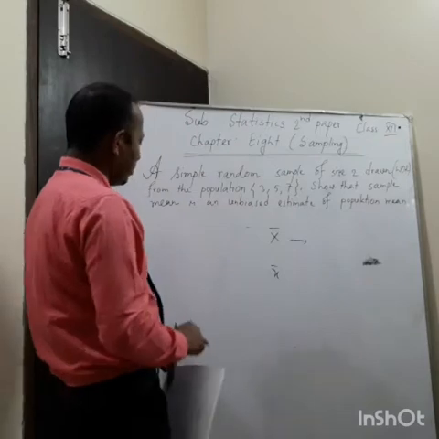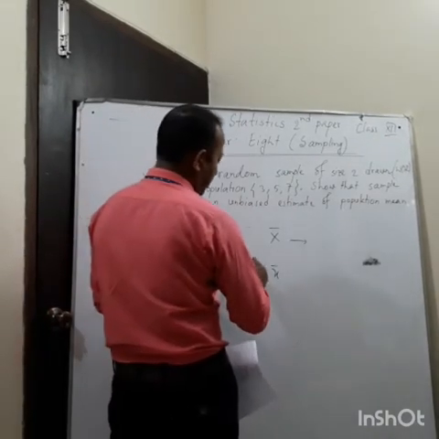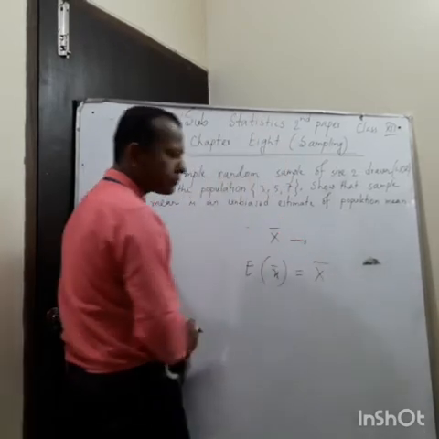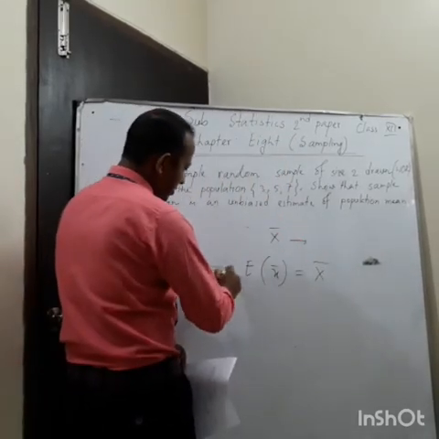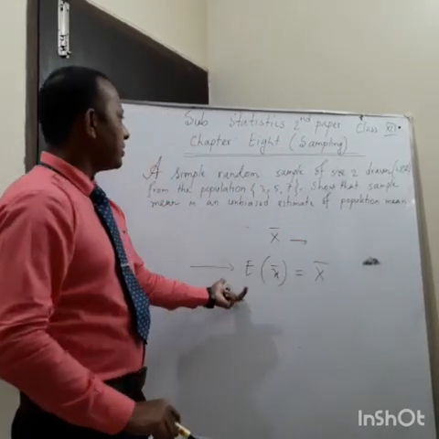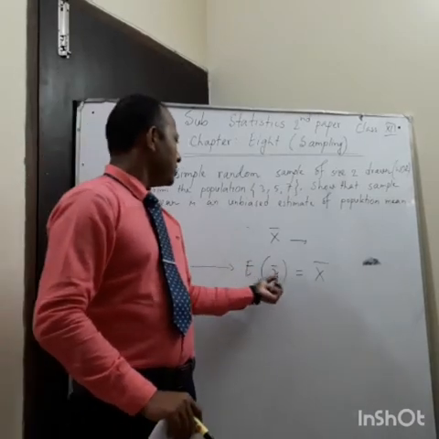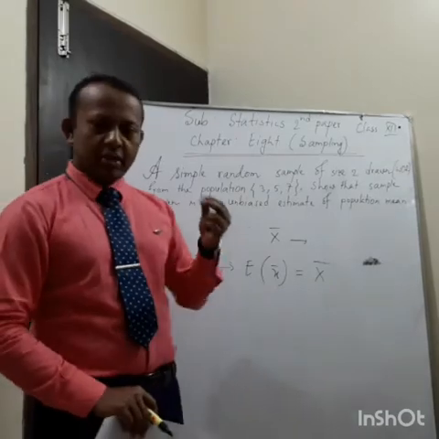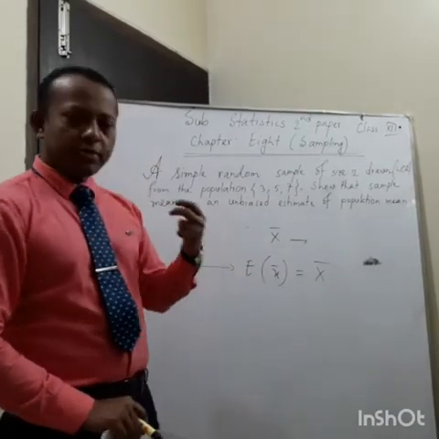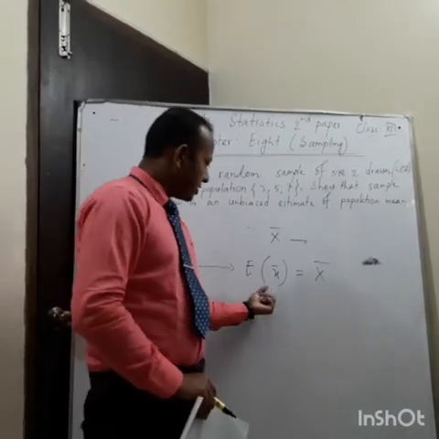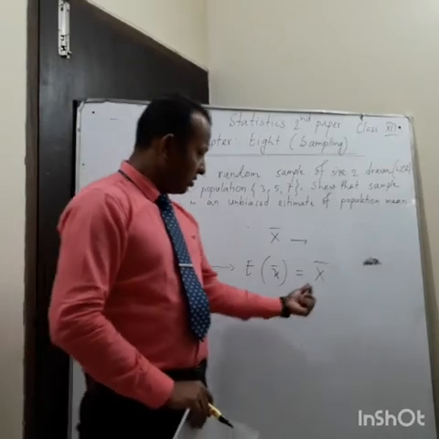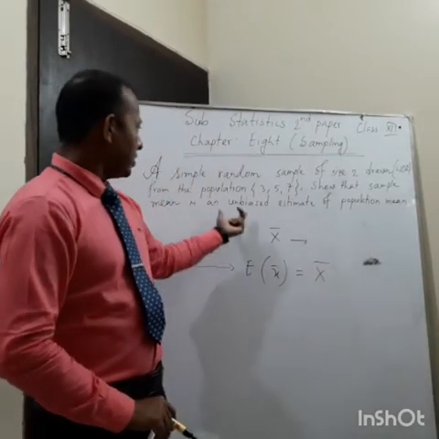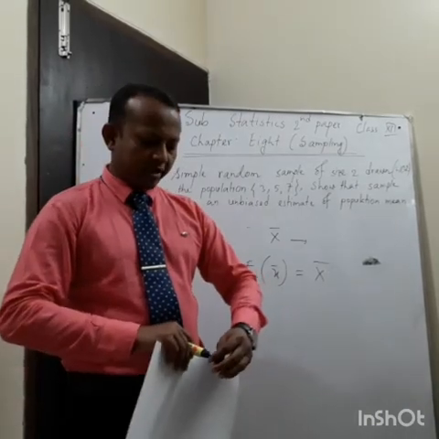Now, when the expectation of x bar equals capital X bar, this equation indicates the sample mean is an unbiased estimator of the population mean. So to test the unbiasedness, if it is possible to prove the expectation of x bar equals capital X bar, in that case the statement is verified.